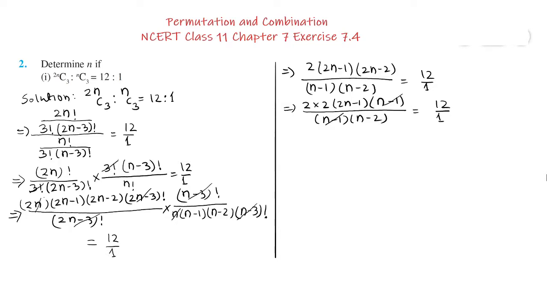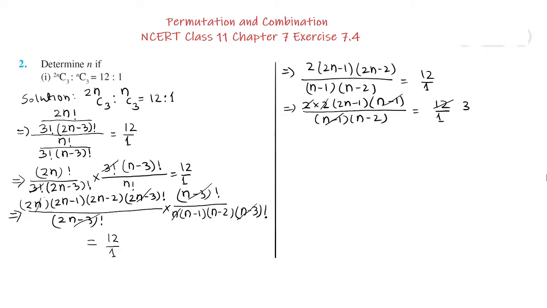So we cancel the 2 into 2 of numerator on left hand side to the 12 of the numerator of right hand side for 3 times. 2 into 2 equal to 4 and 4 divides 12 for 3 times.